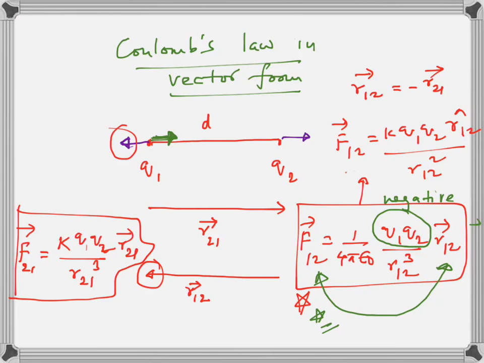Now let us see some questions based on this Coulomb's law. Some simple questions. Okay, so I will erase these two slides. Suppose I have two charges, both of same magnitude.